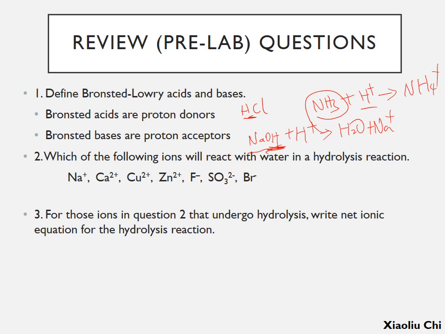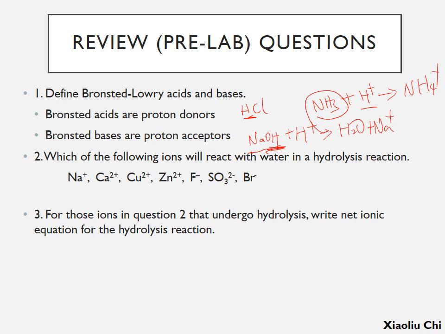Question number 2. Which of the following ions will react with water in a hydrolysis reaction? You should look for the ions that come from a weak acid or weak base. First one, sodium ion comes from sodium hydroxide, which is a strong base, so this will not hydrolyze. Same thing for the second one, calcium.